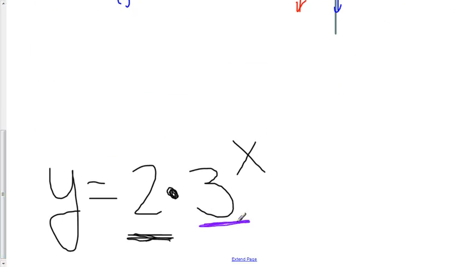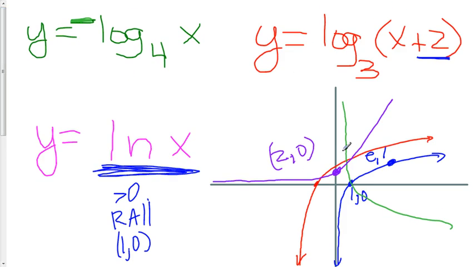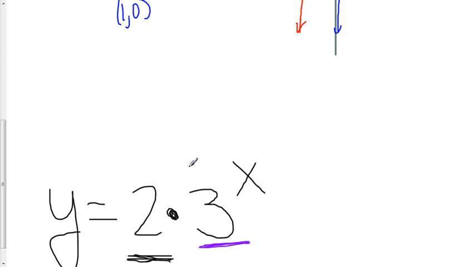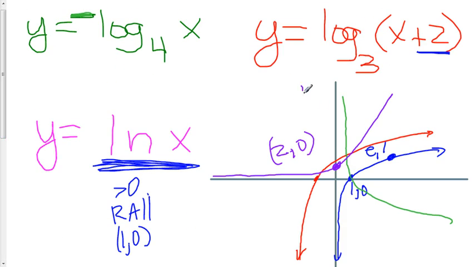And this base is greater than 1, so therefore it's a growth function, which makes it look that way. If this number here had been less than 1, like 0.5 or 0.75 or something like that, then our graph would have been a decay function and done this and still run along the x-axis.